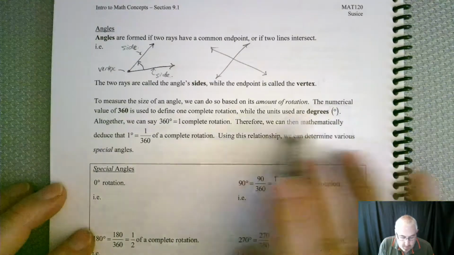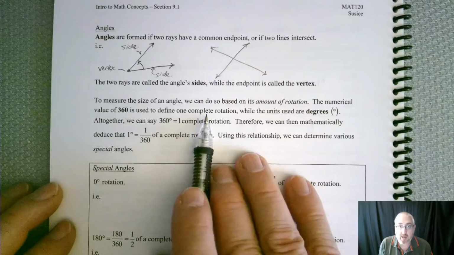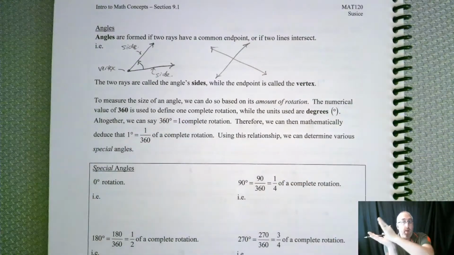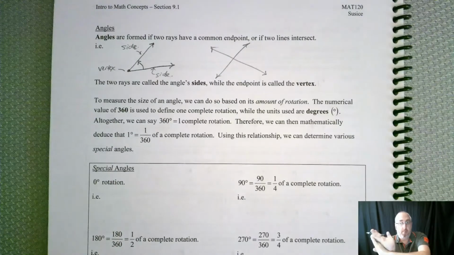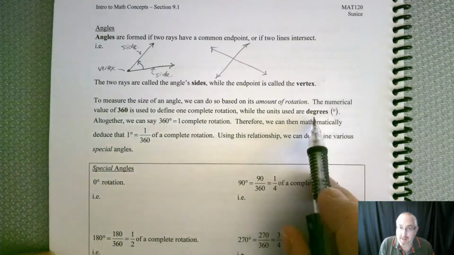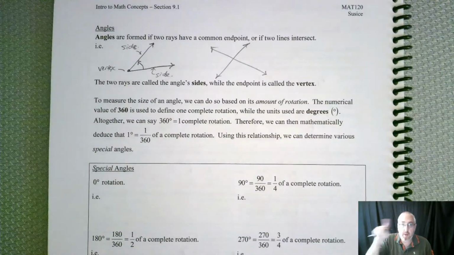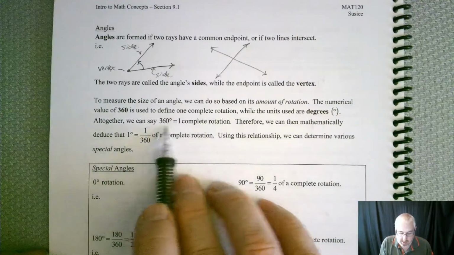The numerical value of 360 is used to define one complete rotation. If I went all the way around into a complete circle, back on itself, that would be 360 units. What are those units? They're going to be degrees. So 360 degrees is one complete rotation around, as stated here.